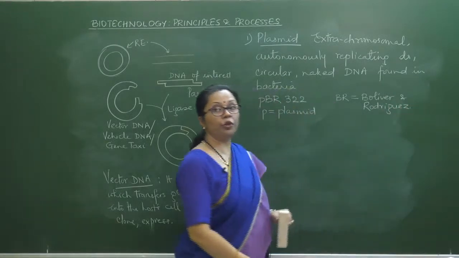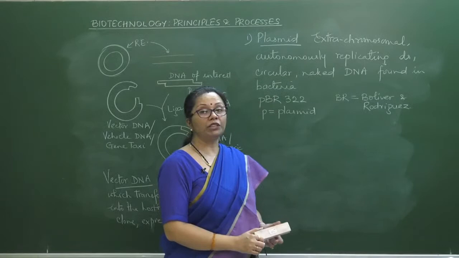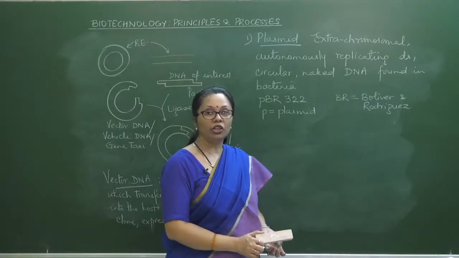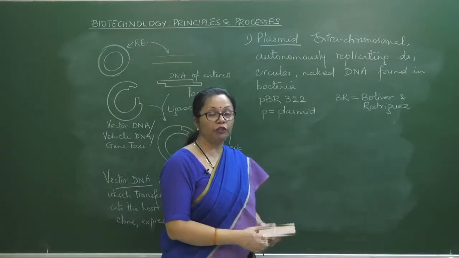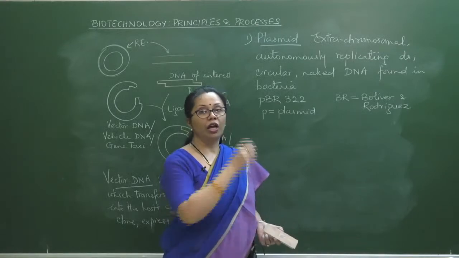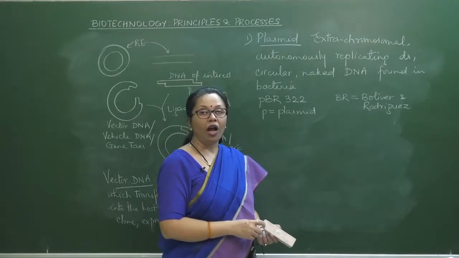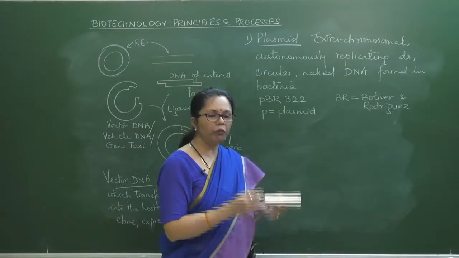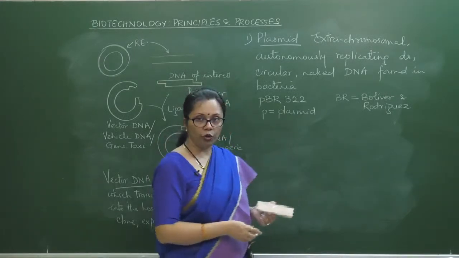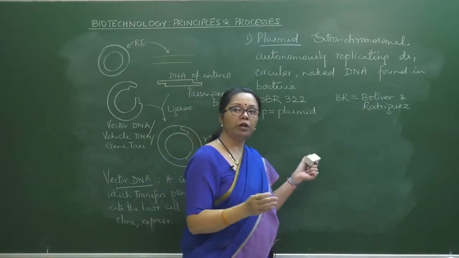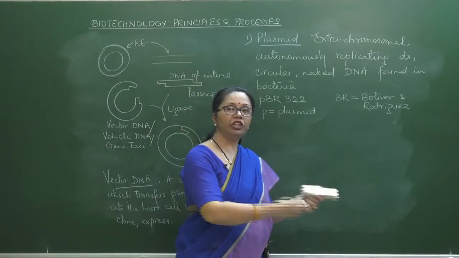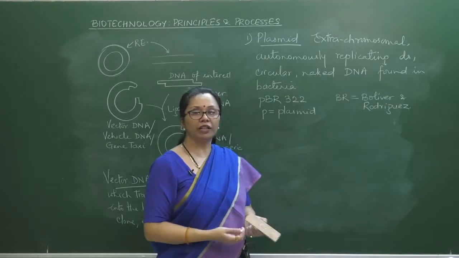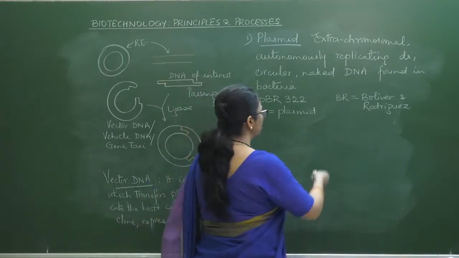And 322 is the number. They must have prepared a number of plasmids, and the successful one which could actually be utilized is 322. There are even pBR327, 330, and so on, but we are of course talking about 322. So that is the experiment number, to differentiate it from the other plasmids that they created.